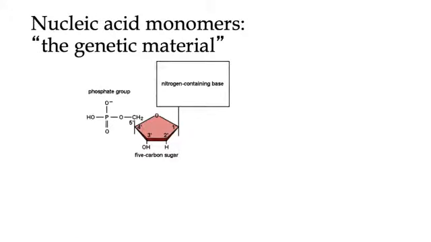The fourth macromolecule is probably the most interesting and most complex structure. You probably heard about nucleic acids and the fact that they serve as the genetic material. You'll definitely talk about this a whole bunch more. But this guy is pretty easy to recognize because you have this phosphate group, which really isn't a part of too many other major macromolecules.